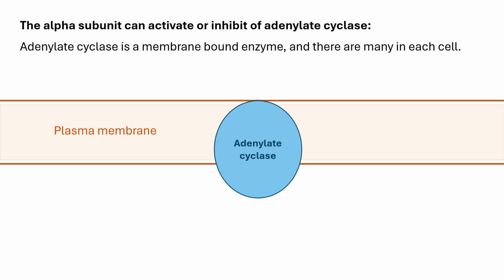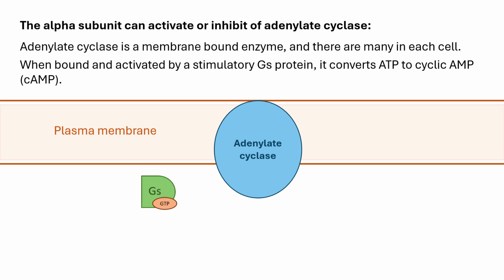Adenylate cyclase is an enzyme that's bound within the plasma membrane of each cell. And we have lots of them within each single cell. So if we want to activate adenylate cyclase, we need an alpha subunit that's going to be stimulatory.